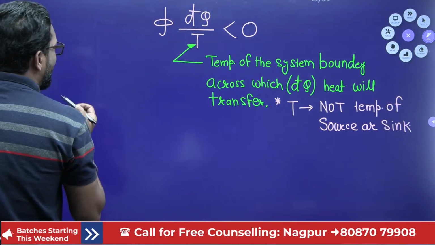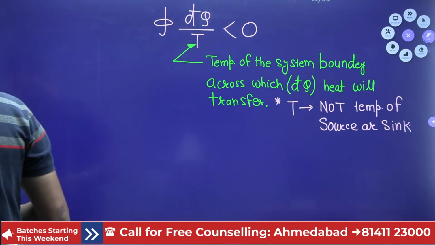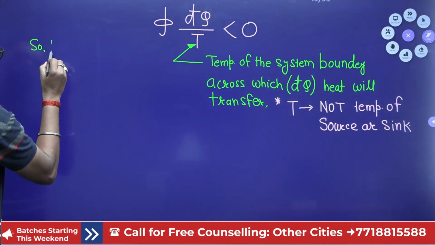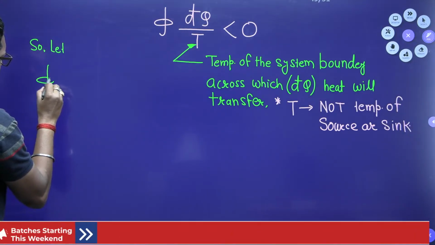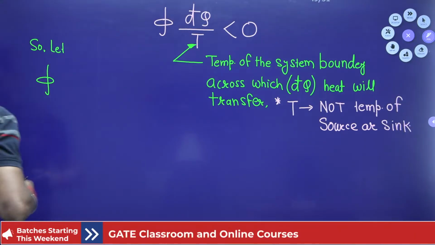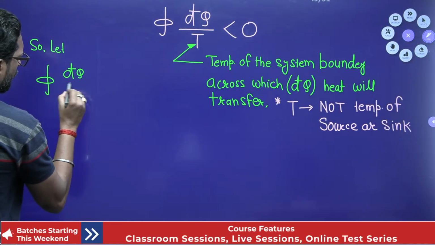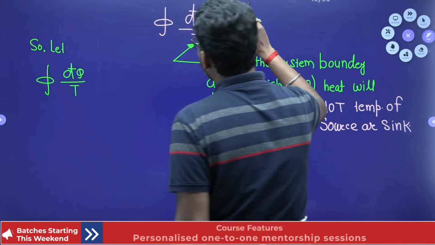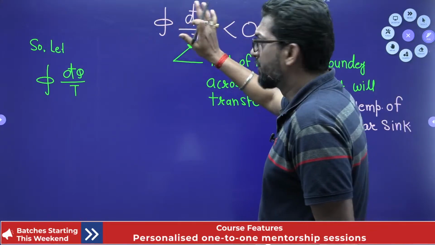Now you can write like this. This is a cyclic integration, that means for a cycle. Let this cyclic integration of dQ by T, if we write it as an equality, then this is a negative term.